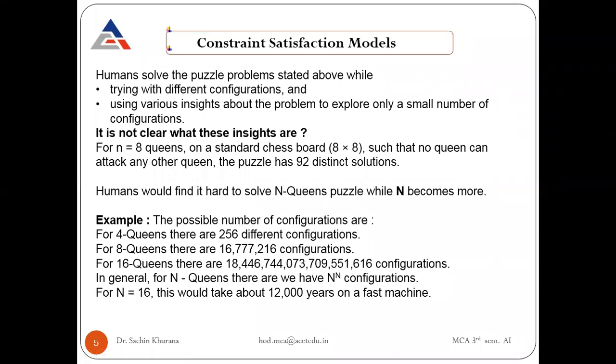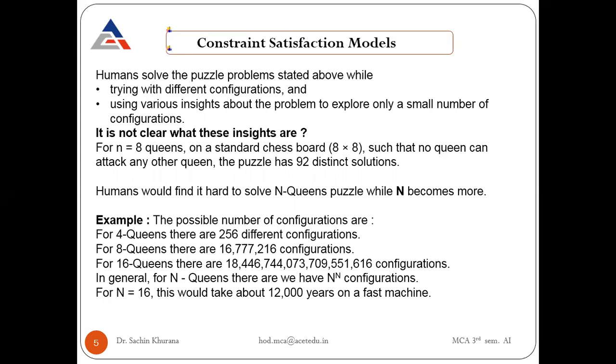Now, humans solve the puzzle stated above by trying different configurations. If a human being is playing a chess game, they use their own method to solve the problem, using various insights about the problem to explore only a small number of configurations. When we are playing chess, we cannot directly have a view of all the 12 distinct solutions. Of course, we'll put a queen at one location and try to find out whether it is being attacked by another queen on the same board.